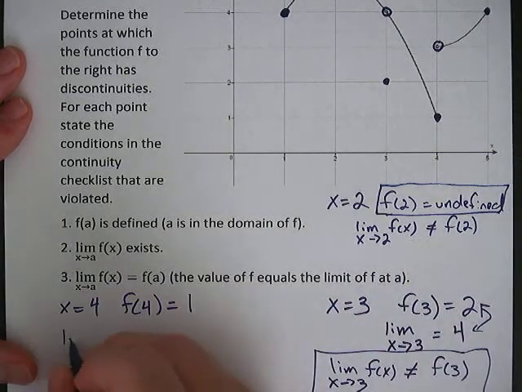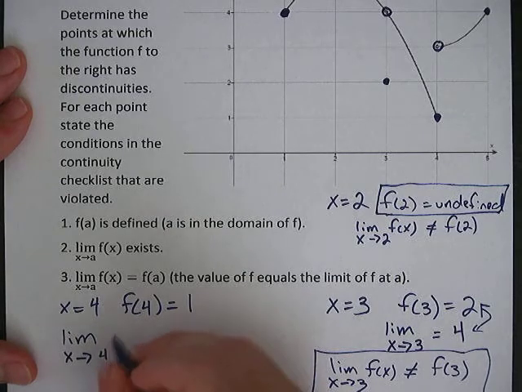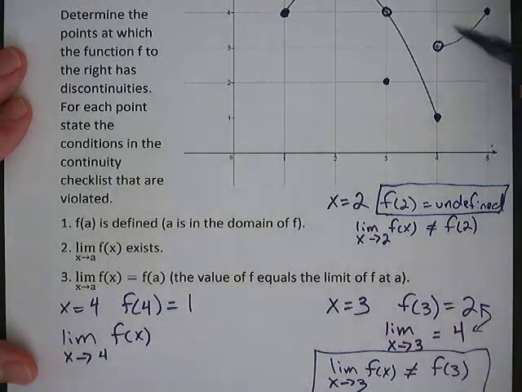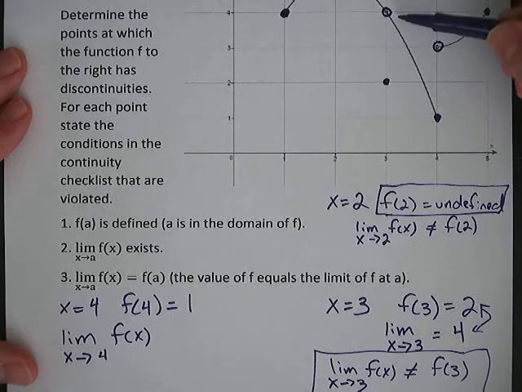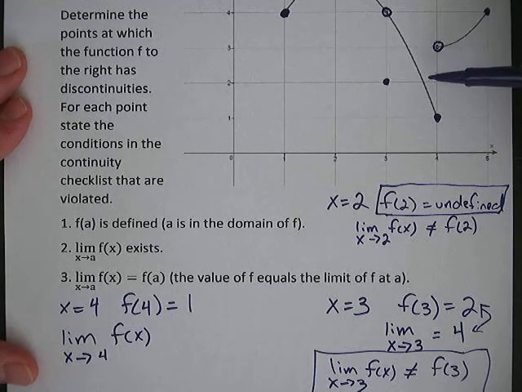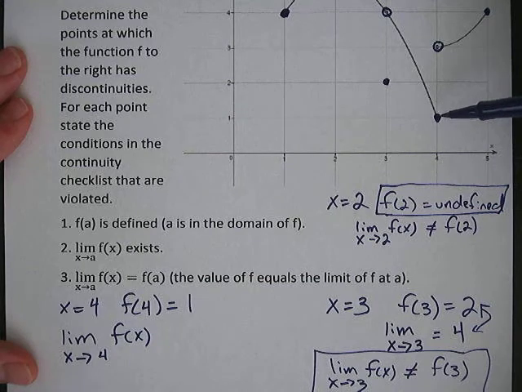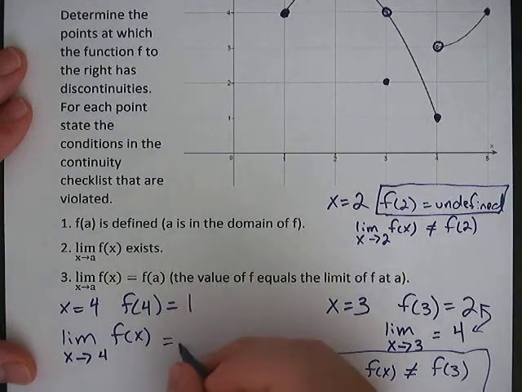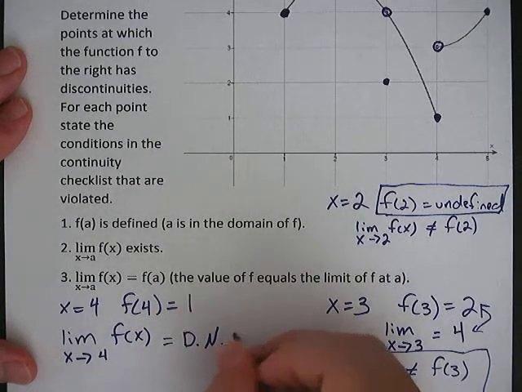Now, does the limit as we approach 4 of f of x exist? Well, let's look at it. As we approach from the left, we're headed down here. What's that approaching? It's approaching 1. So the limit from the left is equal to 1. Now, as we start on the right side, it looks like the graph is headed here. The limit from the right is actually 3. So the limit does not exist.